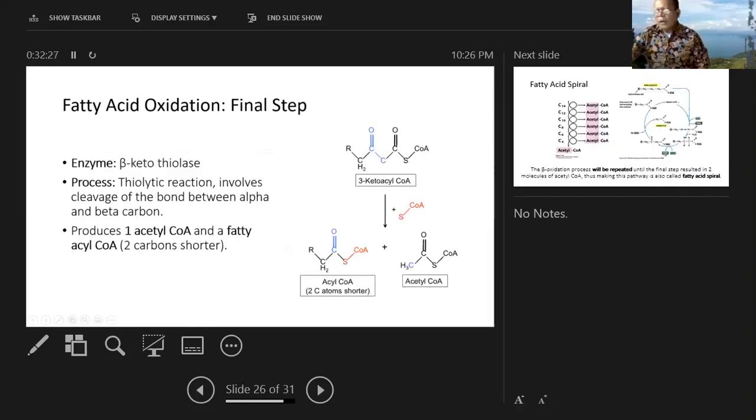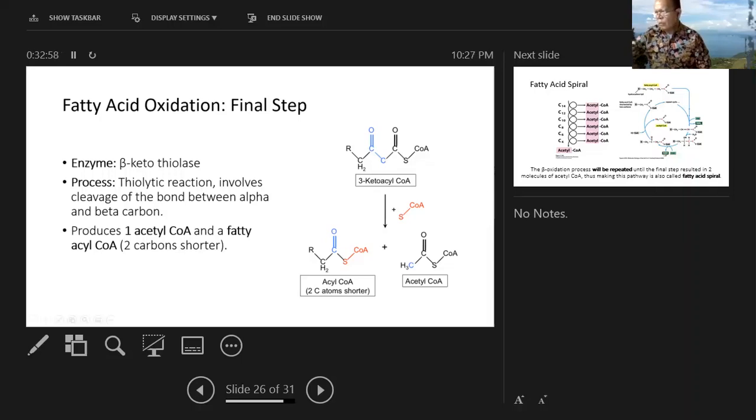Final step of this fatty acid oxidation. The enzyme involved in this final step is beta ketothiolase, and the process is a thiolytic reaction involving cleavage of the bond between the alpha and beta carbon. The products are one acetyl CoA and a fatty acyl CoA that is two carbons shorter.